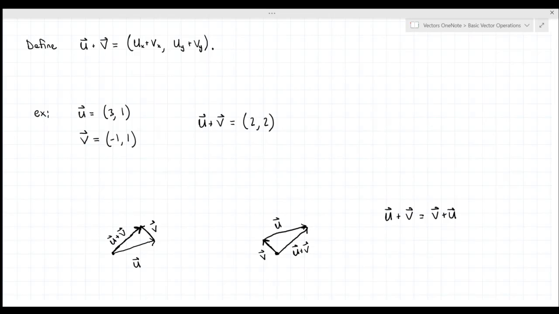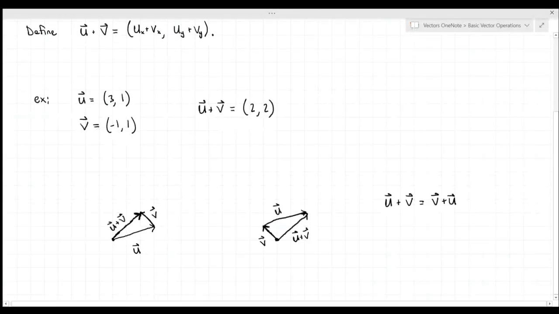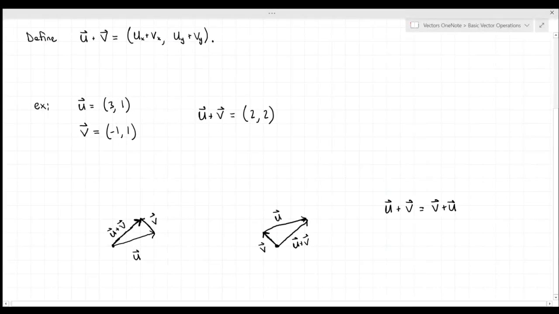Of course, that makes sense because when you add these numbers together, it doesn't matter whether you do 3 plus -1 or -1 plus 3. So yeah, that's a good question. You can start with either vector, and you'll get the same result because vector addition is commutative.